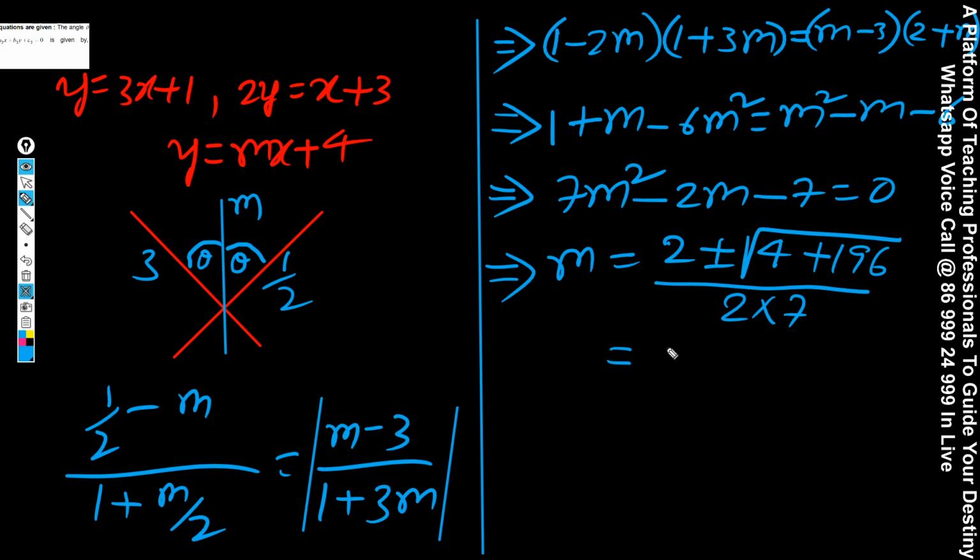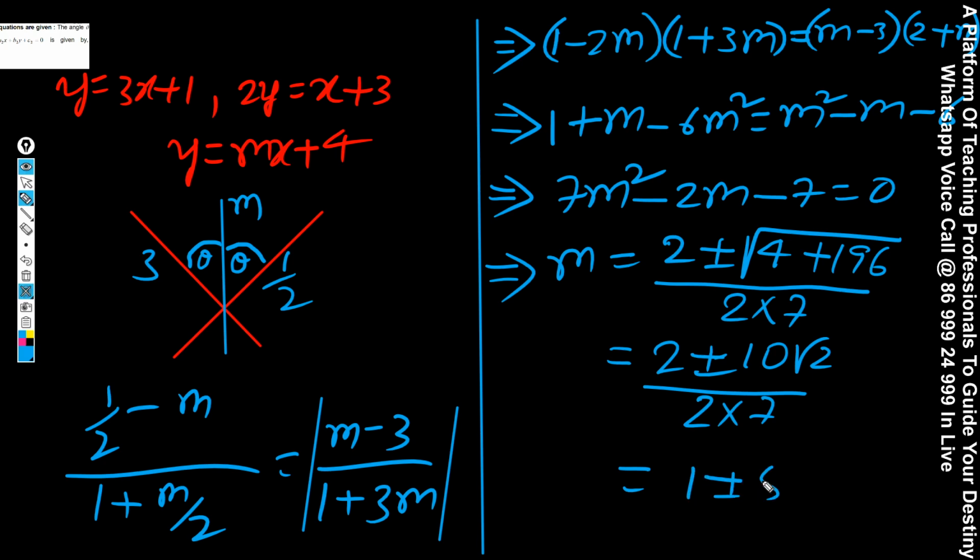This is nothing but 2 plus or minus root 200, which can be written as 10 root 2, by 2 into 7. 2 gets cancelled, and your answer is 1 plus or minus 5 root 2 by 7.